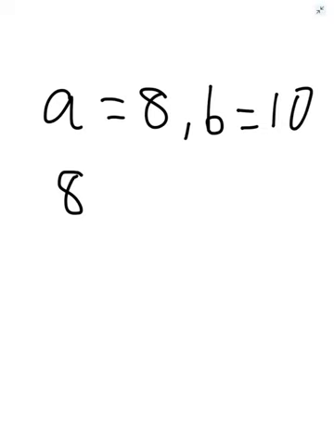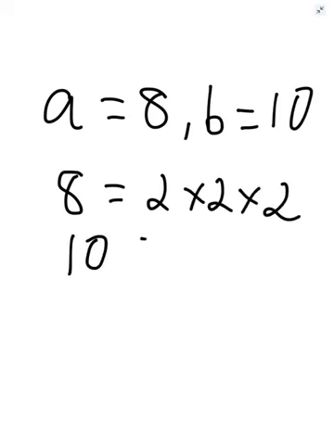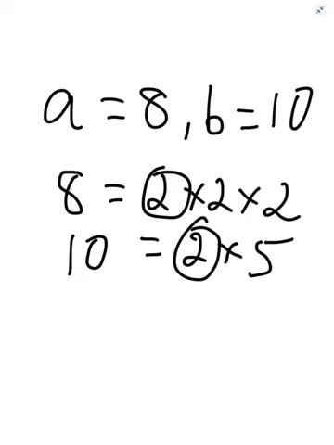So we can say the factors of 8 are 2 into 2 into 2, and the factors of 10 are 2 into 5. So now you can see the highest common factor of 8 and 10 is only 2.